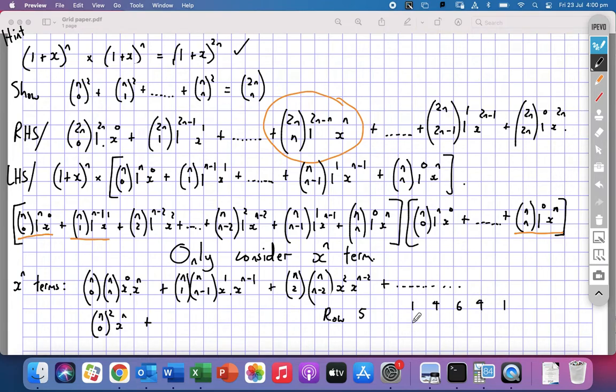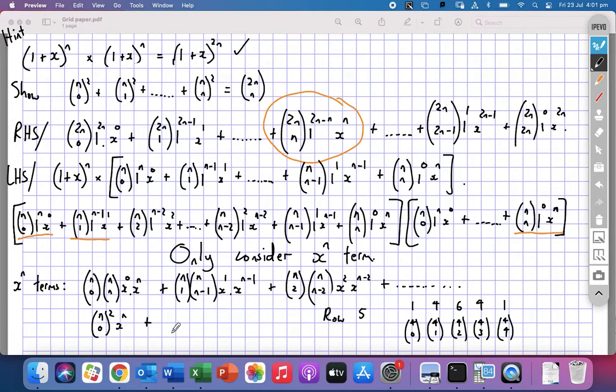And we've got 4 choose 0, 4 choose 1, 4 choose 2, 4 choose 3, 4 choose 4. So what I'm really doing is saying, instead of writing 4 choose 0 times 4 choose 4, let's just write 4 choose 0 squared. That's what I've done here.